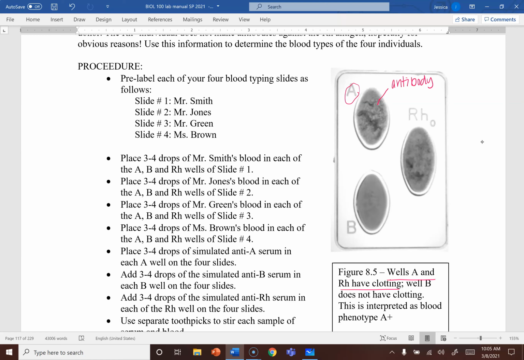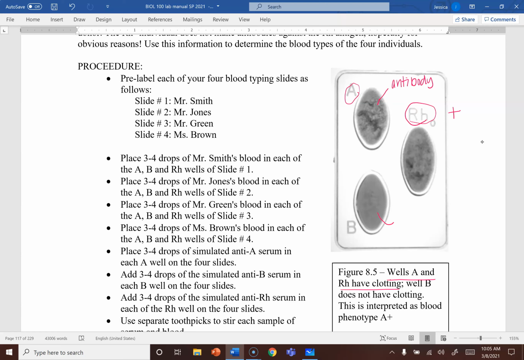So if you get a clotting reaction for A, you are blood type A. If you get a clotting reaction for RH, that means you are RH positive. No reaction here for B means you do not have any B blood type. Now, if you were to have a reaction here, you would either be AB if you also have an A reaction, or just B if you only have a B reaction.